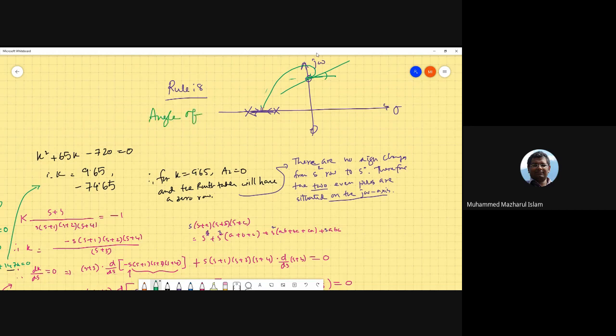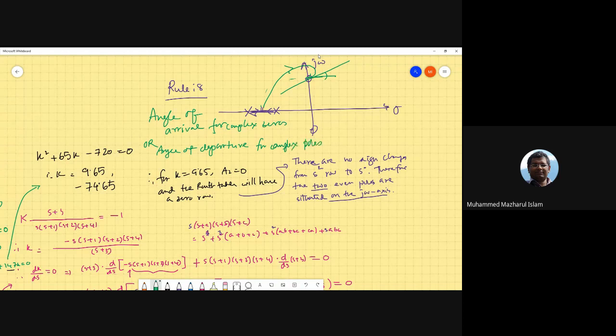Angle of arrival for complex zeros, or angle of departure for complex poles.